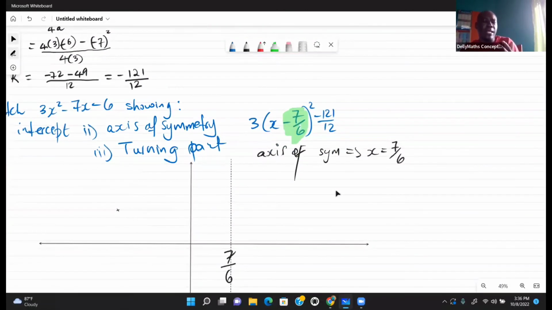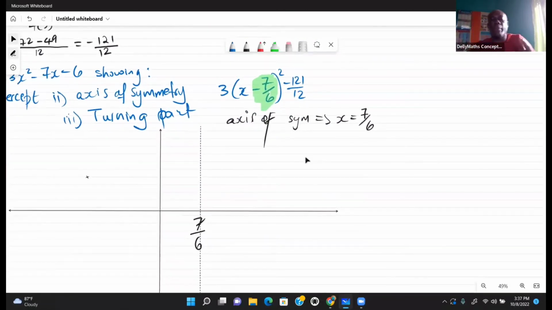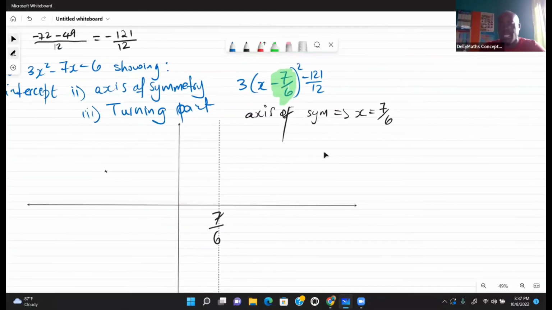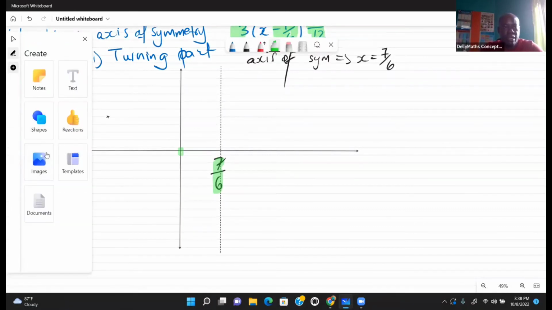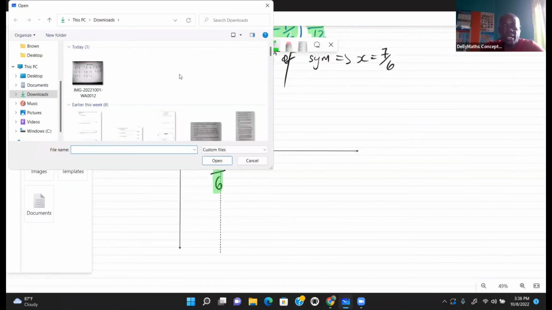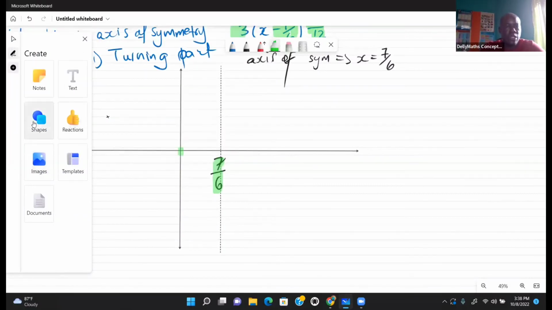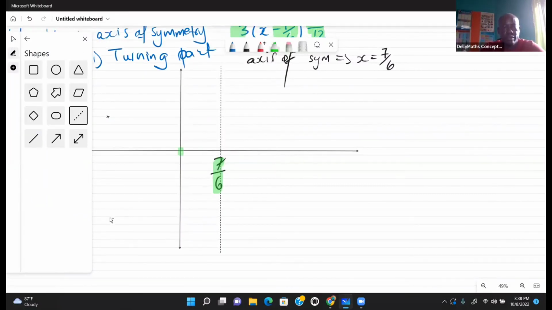So that is why they could ask these questions, because the moment you complete the square, then they can say to you, hey, what is the axis of symmetry right now? It's going to be the opposite of any number you have found there for your h. So I'm going to drop a line for it, in the positive region, somewhere down there.